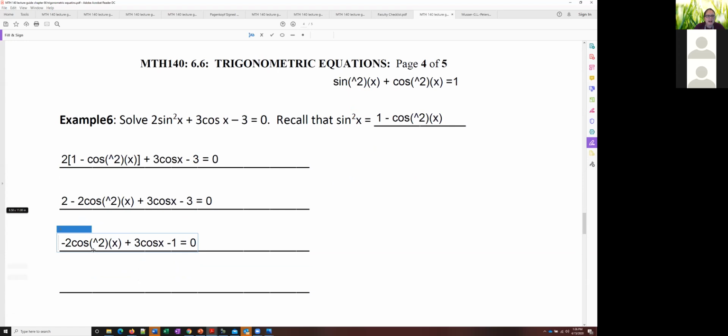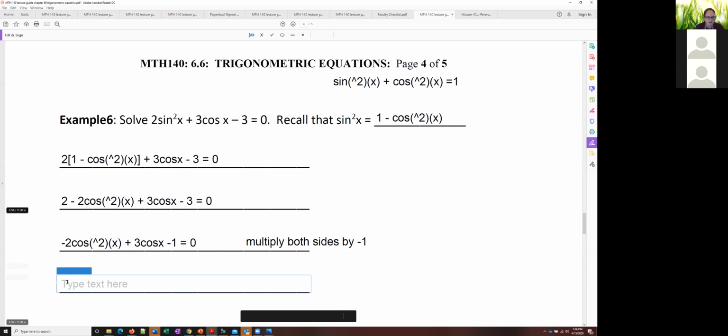And I would like to not have a negative leading term, so I'm going to multiply both sides by negative 1 to get rid of my negative out in front. So that becomes 2 cosine squared of x minus 3 cosine x plus 1 equals 0.